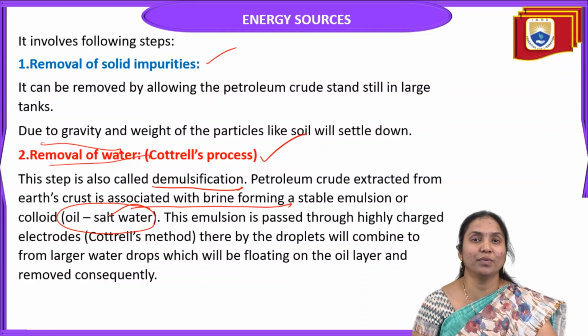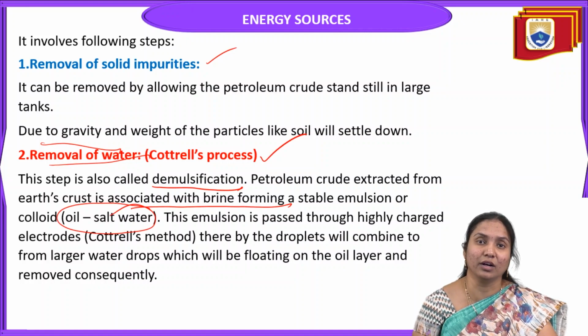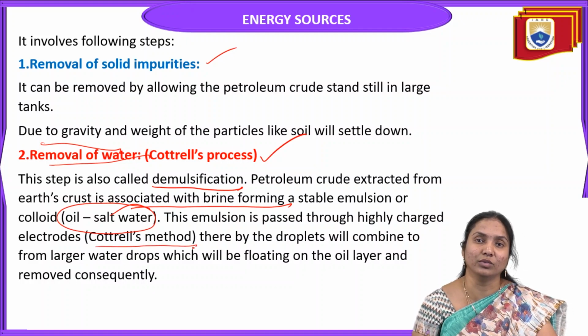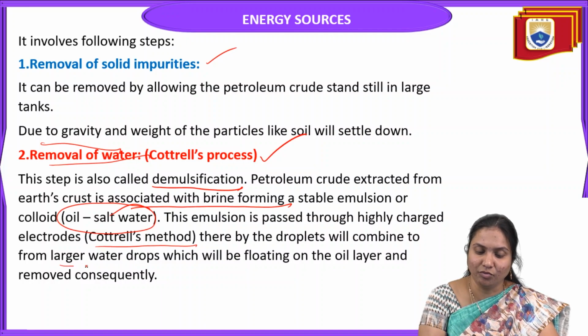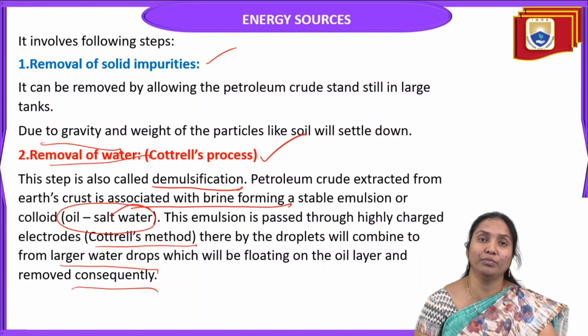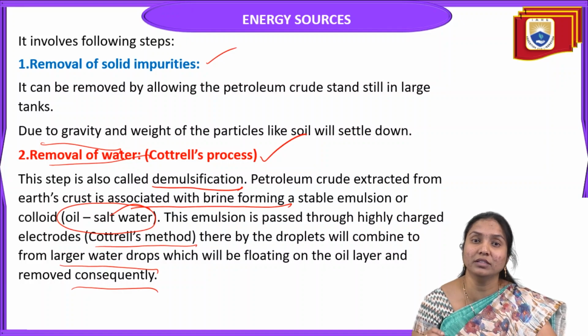This emulsion is passed through highly charged electrodes, called Cottrell's electrodes. Thereby the tiny water drops form bigger, larger water drops, which float on the oil layer and are removed. In this way we can remove solid impurities and water present in the crude petroleum.